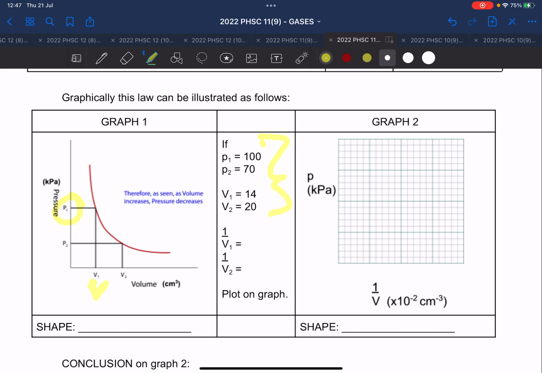So at a pressure of 100 kilopascal, the volume was 14. And at a pressure of 70 kilopascal, the volume was 20. So now let's look at what happens to the graph if you put the volume under 1. So if you use 1 over V instead of V.